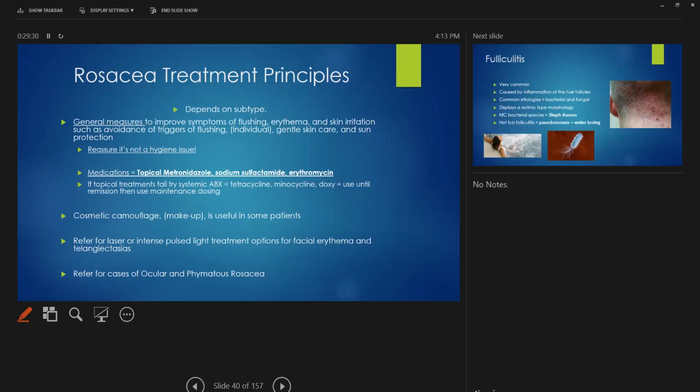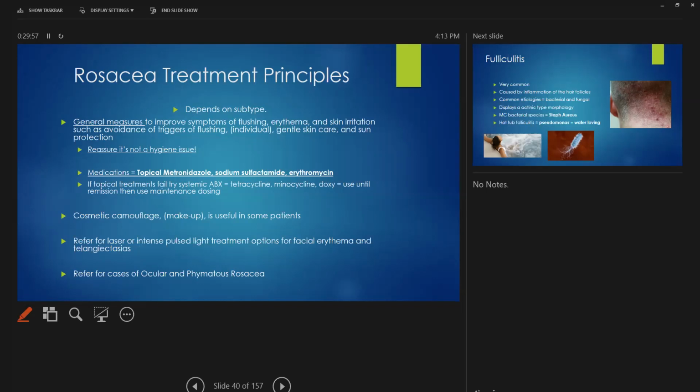So let's go over some treatment principles here. The treatment for rosacea really depends on the subtype. We want to treat some of the irritation. Some medications that are used for rosacea are topical metronidazole, as well as sodium sulfacetamide and erythromycin. Usually this is a triple therapy that we do.